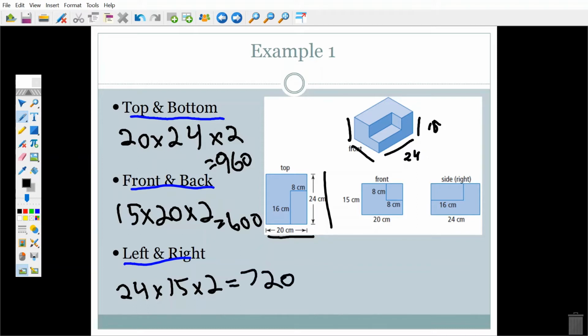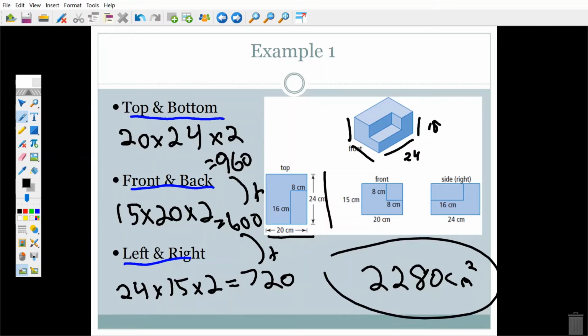Once we've got these three numbers, we're going to add them all together. 960 plus 600 plus 720 is 2,280 centimeters squared, the surface area of our first shape.